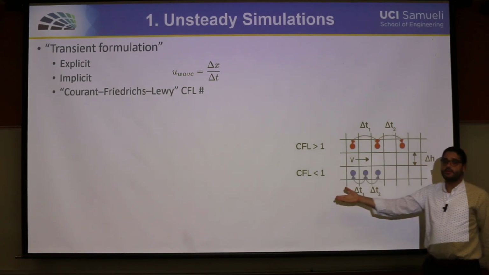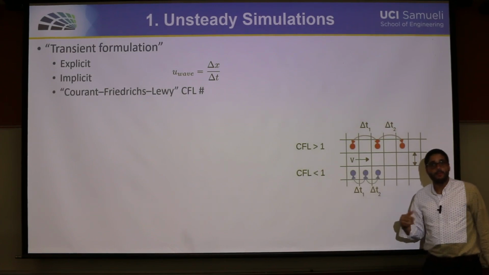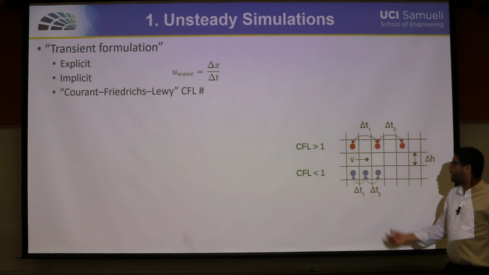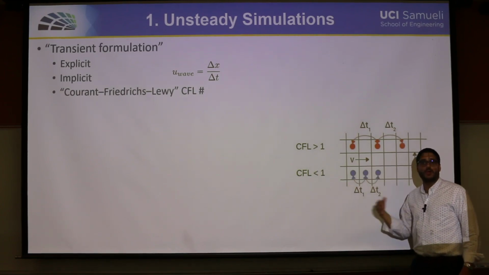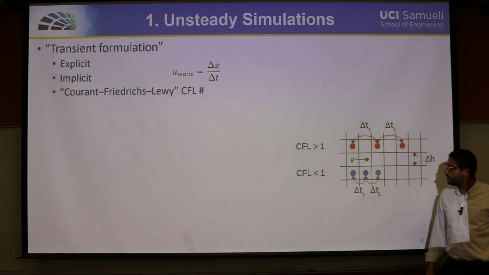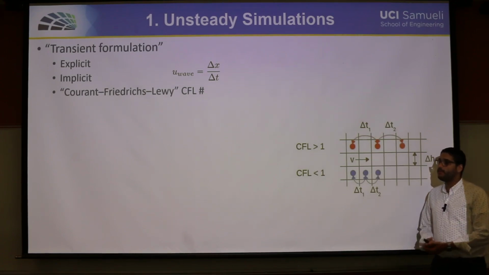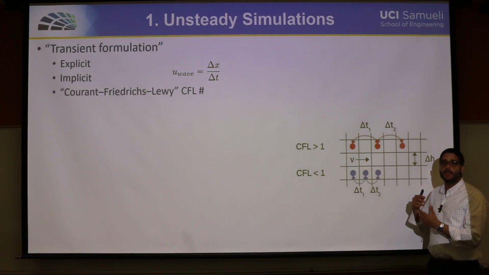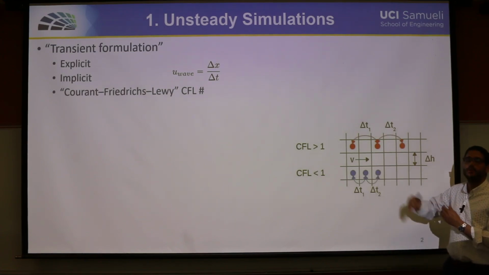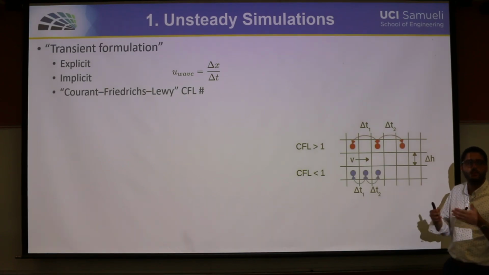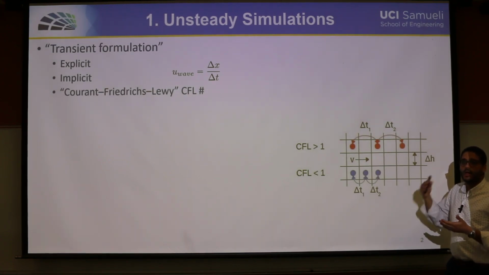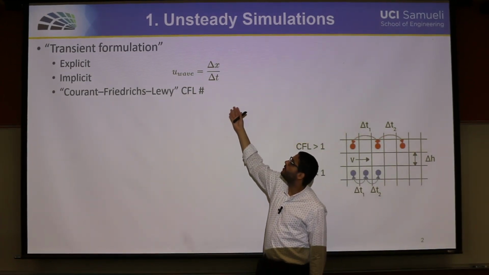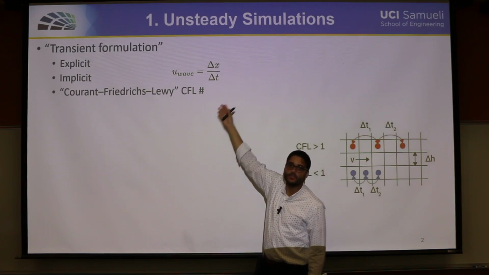So if we have a wave that is traveling in the physical domain, for example, with a speed of 1 meter per second, and we are having a mesh size to visualize this physical wave speed or what's happening in nature, we should make sure that the speed of the traveling information in our numerical simulation is at least equal to or even slower than the speed of the traveling information in physical life.